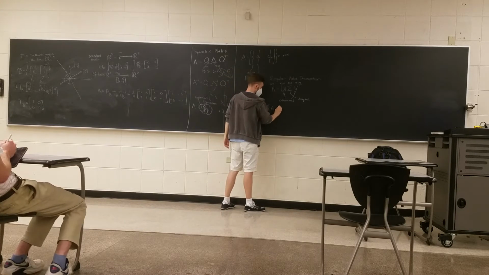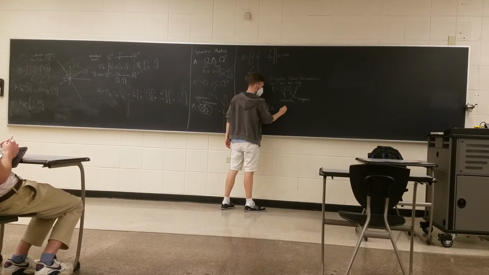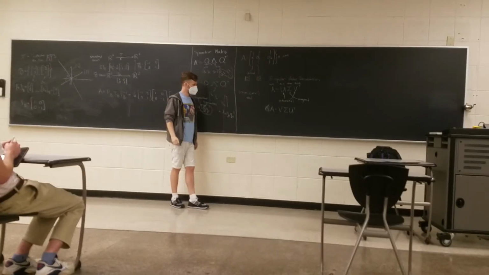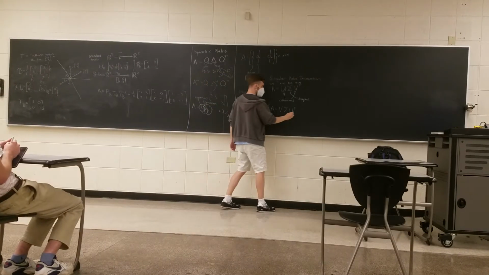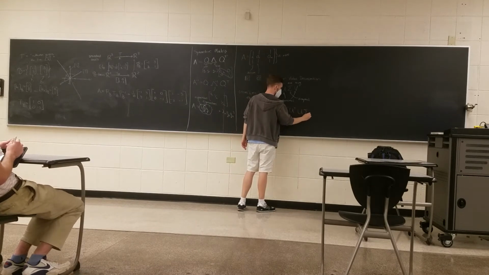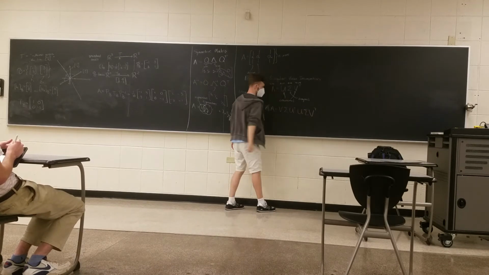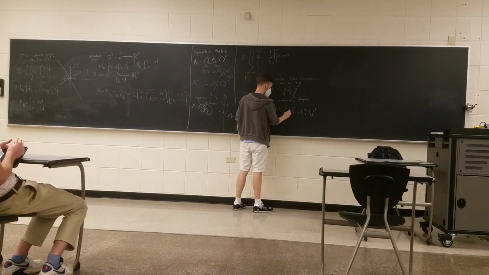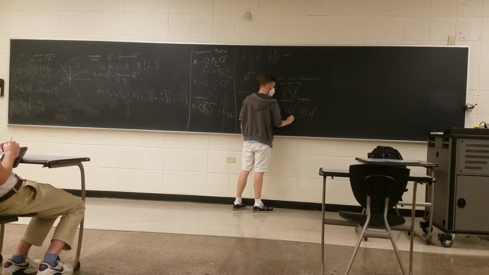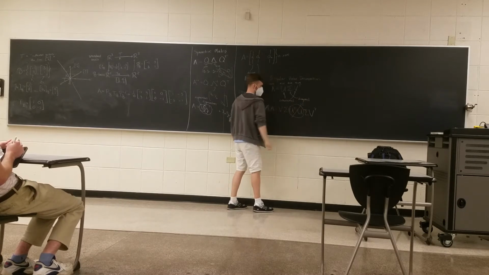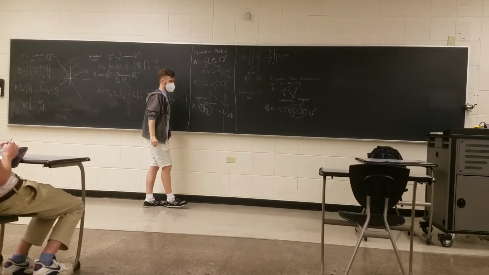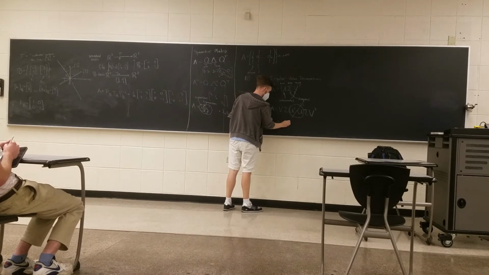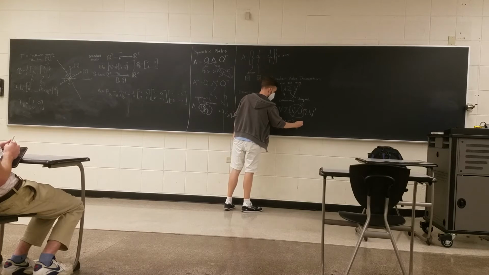A transpose will be V sigma U transpose, right? And then A will be U sigma V transpose, right? U transpose U is I, so that goes away in the product. And what we get is V sigma squared V transpose.